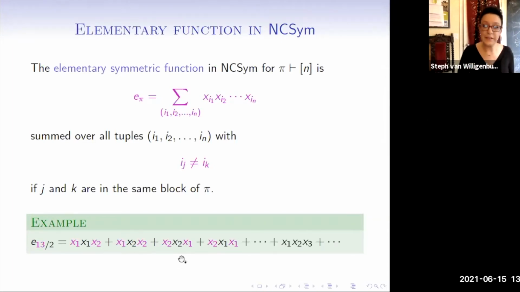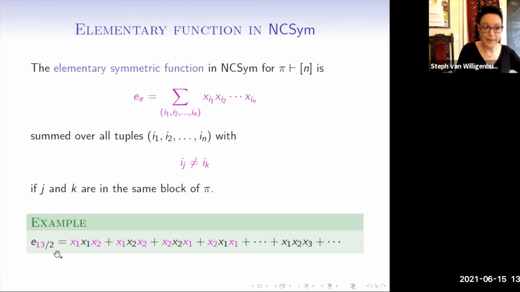Then the elementary symmetric function in NC-Sym is, well, again, a sum of monomials x_i1, x_i2, and so on. But now the variable in the jth position is different from the variable in the kth position if j and k are in the same block.